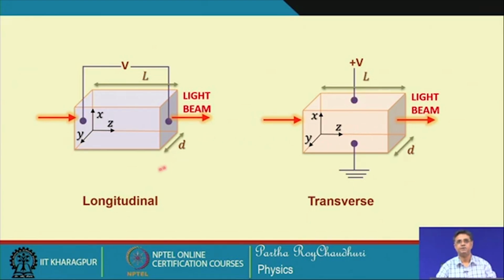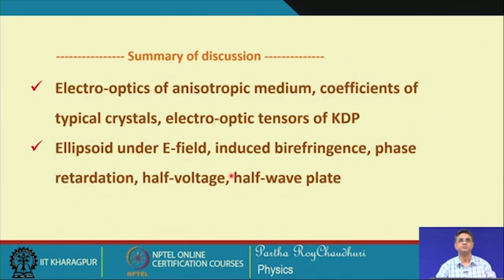In the next section, we will continue our discussion with this longitudinal and transverse mode of operation of this KDP crystal, and we will see how we can use both these configurations for light modulation and switching, in terms of amplitude modulation and phase modulation.